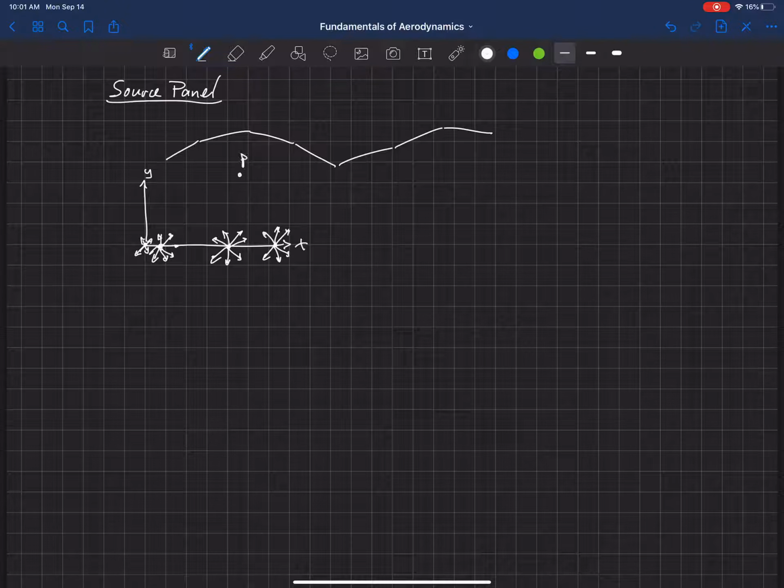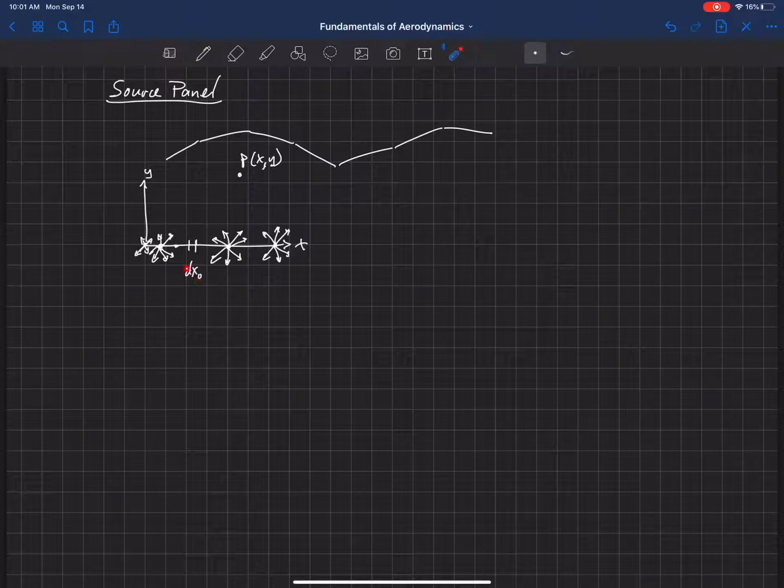We'll call that P of x, y, and then we're going to integrate just like we did above. We're going to integrate along this sheet, and this differential segment here we're going to call dx naught, just so that it doesn't get confused with this x up here.